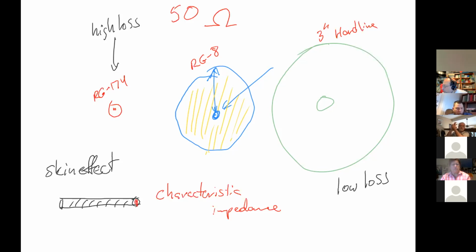At AC, it flows closer and closer to the surface, so the higher the frequency, the more the electrons flow almost completely on the surface. And that means your losses go up as your frequency goes up.